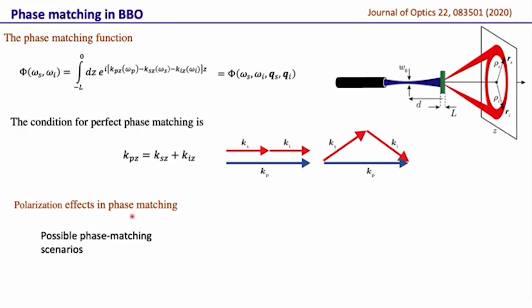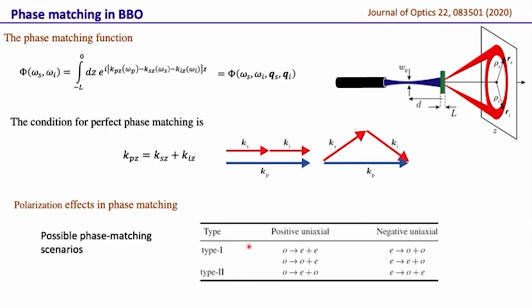So in parametric down conversion, the possible phase matching scenarios as far as polarization is concerned are listed here. There can be two types of medium or crystals, what's called the positive uniaxial crystal and the negative uniaxial crystal. So if we look at the negative uniaxial crystal, then there are several phase matching scenarios as far as polarization is concerned, with which the phase matching can be satisfied.